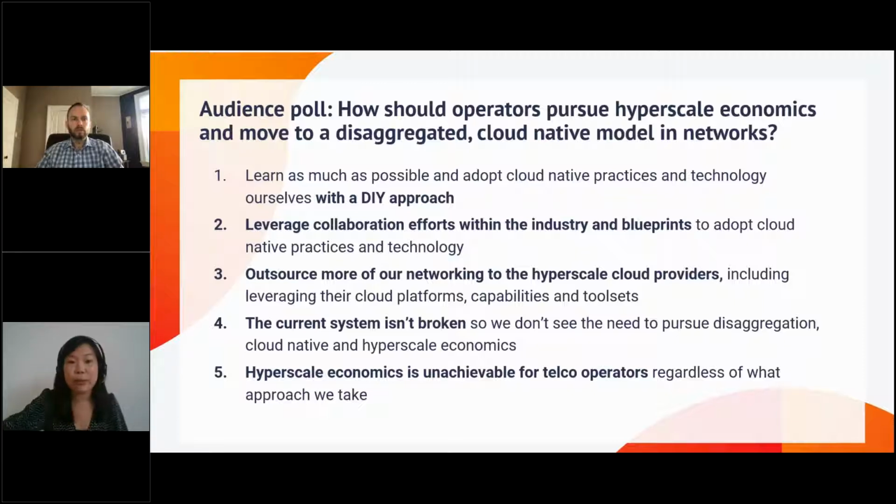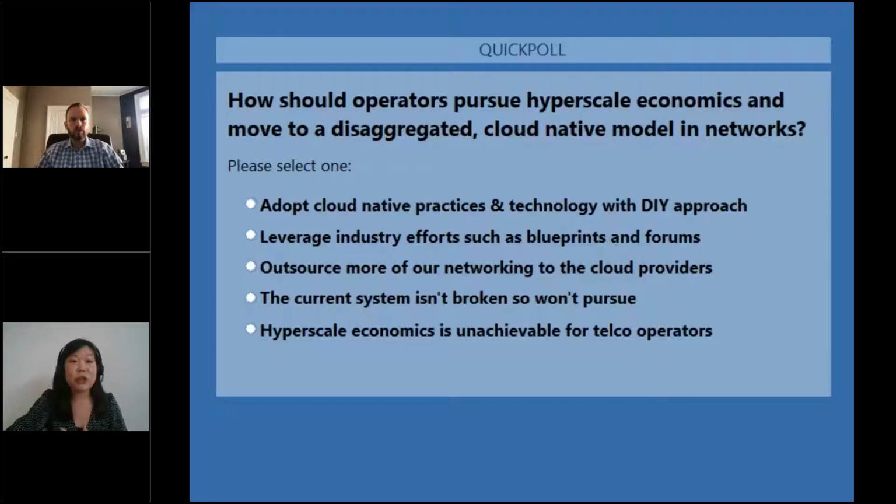Or is it by outsourcing more of the networking to the hyperscale cloud providers? Or, number 4, do you think the system is not broken and don't see the need for change from the status quo? Or, as we mentioned previously in the poll, do you think the idea of detaching the way that your capability and costs change is unachievable regardless of what you do?